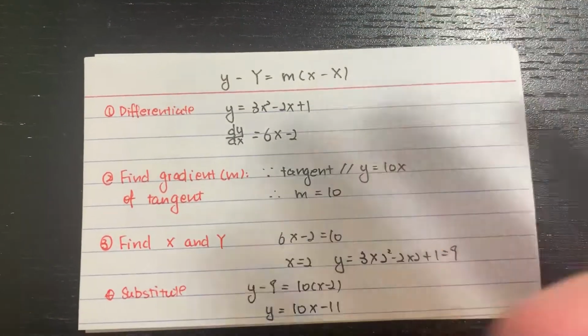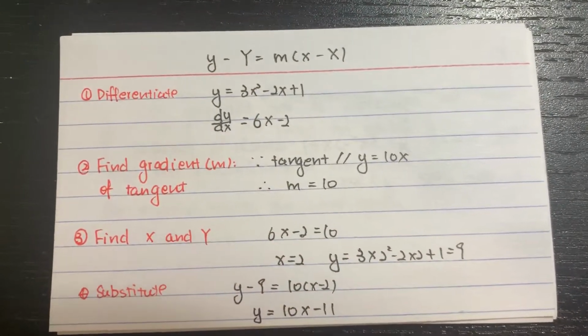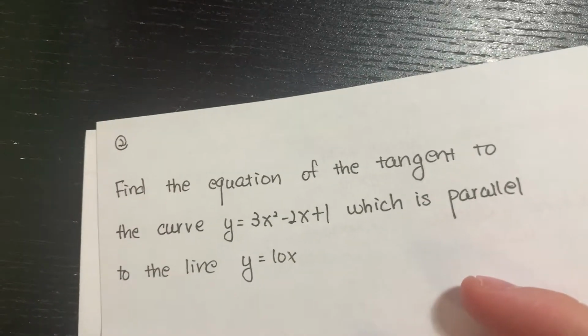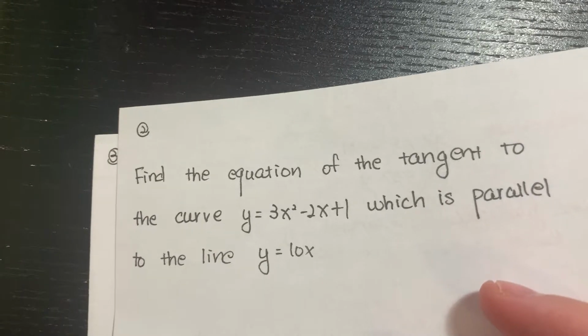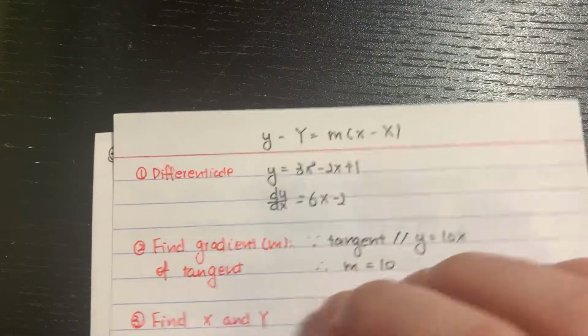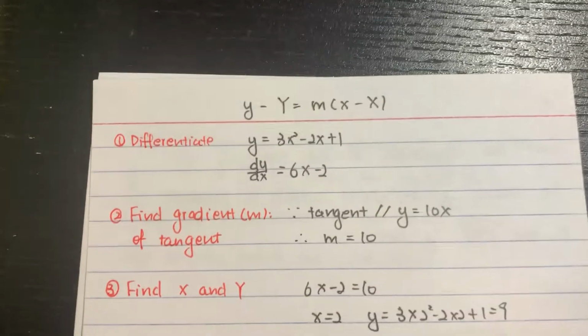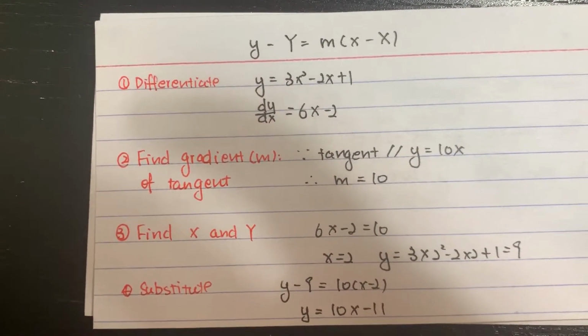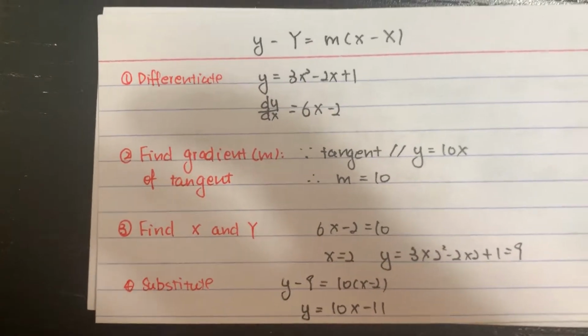Again, the first step is always to differentiate. In this case, as the question stated, the tangent to the curve is parallel to the line y equals 10x. So we know that for the tangent, m will be 10, because parallel lines have the same slope.